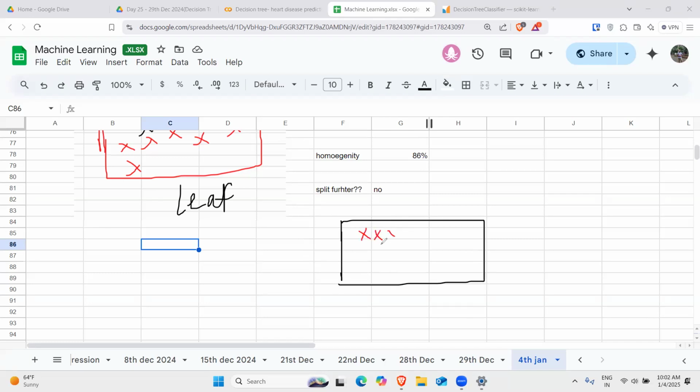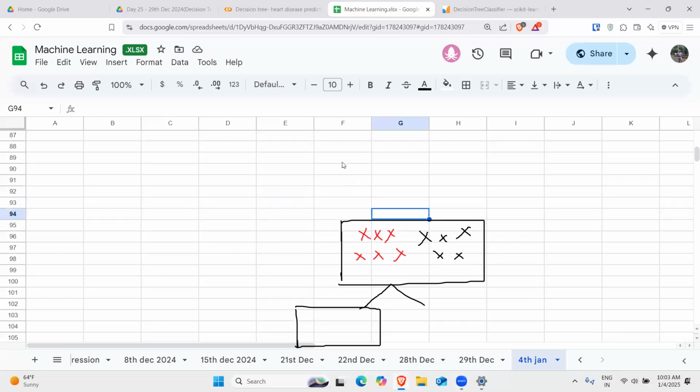One, two, three, four, five, six. Right? Further splitting is done. And one, two, three, four, five, six, seven.